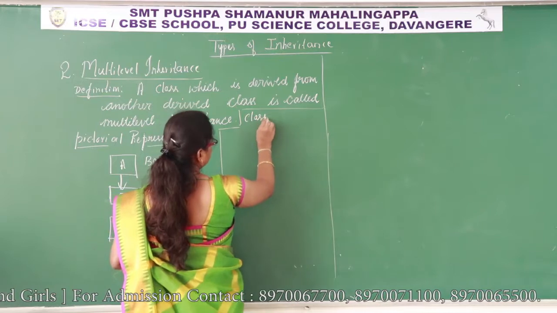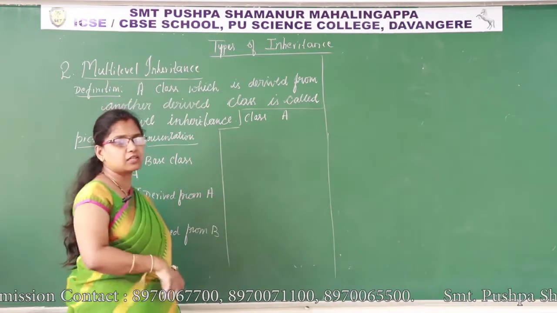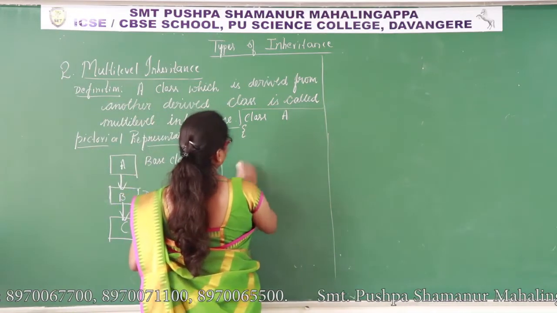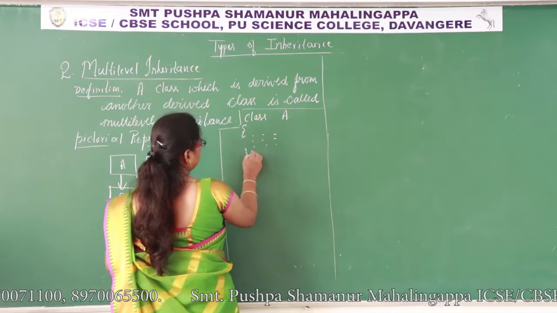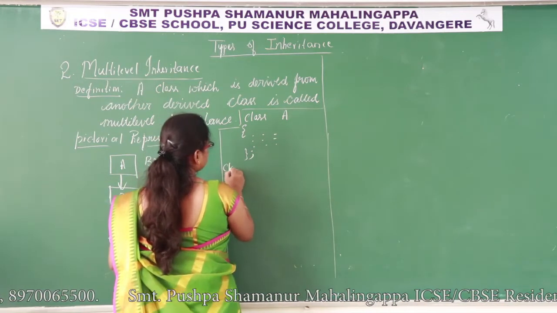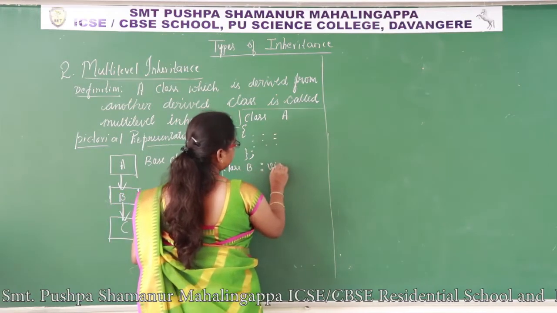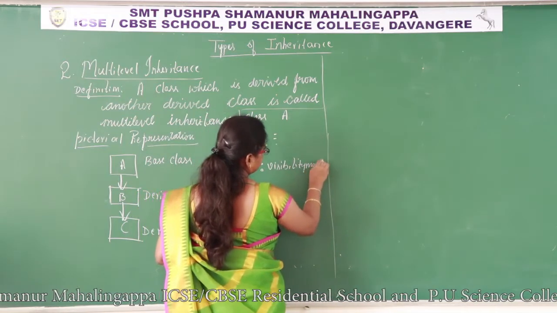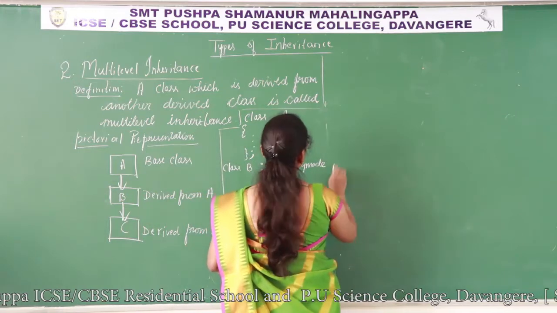For the syntax, from now onwards you can take class names as A, B, C. Class A, some properties are there in class A, then semicolon. Class B, colon, visibility mode, what is the base class name?